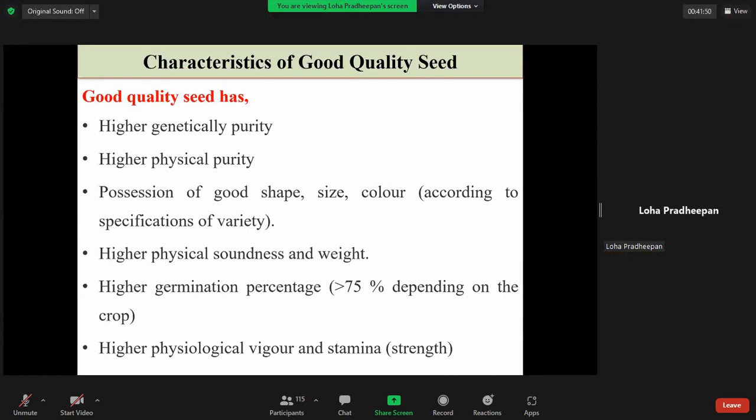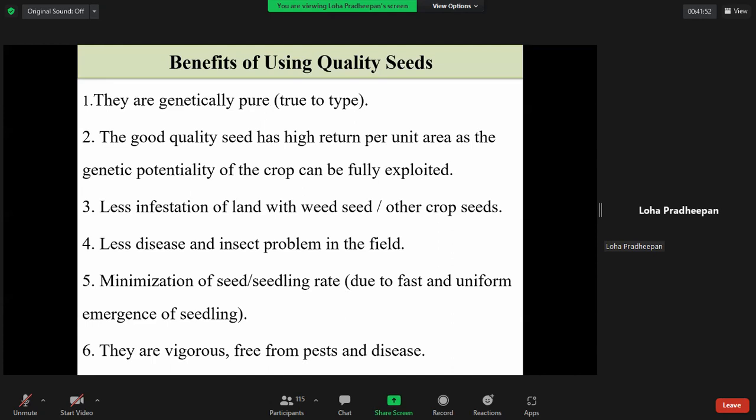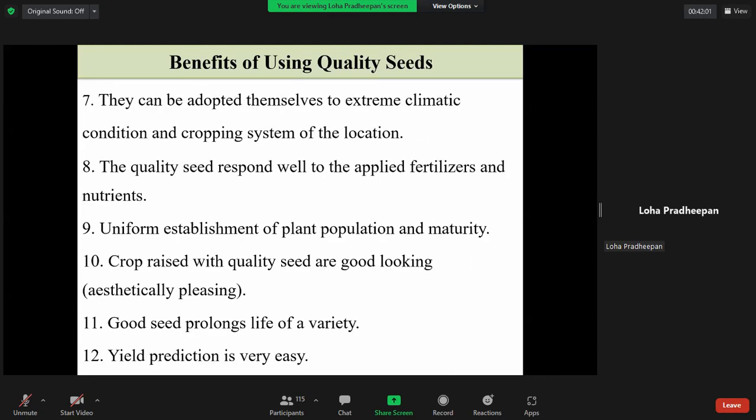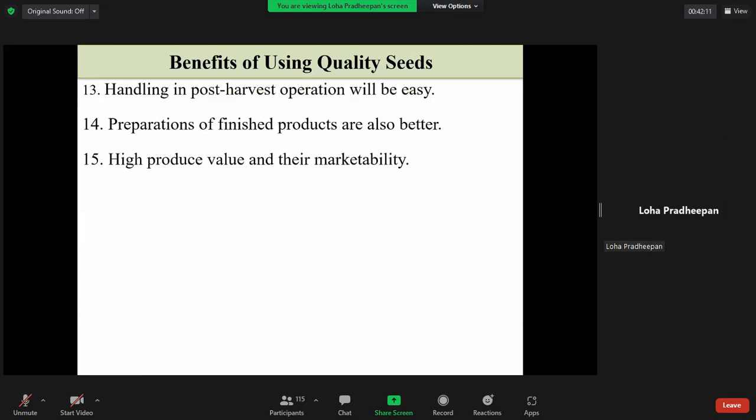establishments or seed rate requirement less, weed infestation or weed spread in the field less, we can obtain the higher return from the crop, and also it is giving easy access for the harvesting and post-harvest operation, and due to the high quality marketing also we can obtain better price.